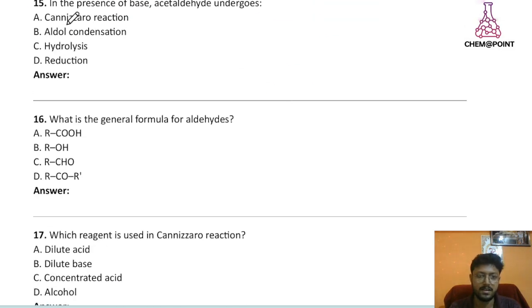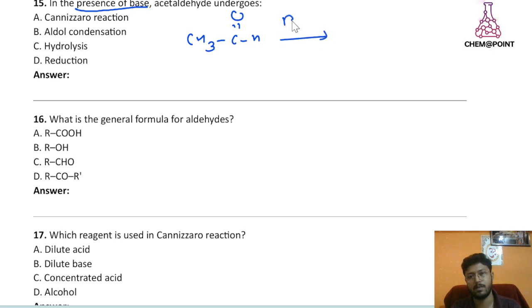Now question number 15. In the presence of base, acetaldehyde undergoes. Very good question. Acetaldehyde is CH3, C double bond O, single bond H, in the presence of base. The options are Cannizzaro reaction, aldol condensation, hydrolysis, reduction.